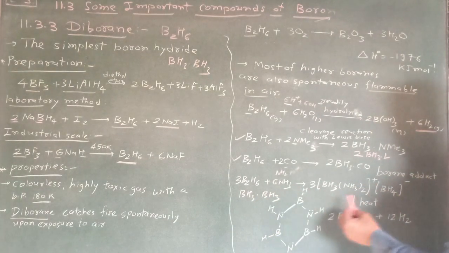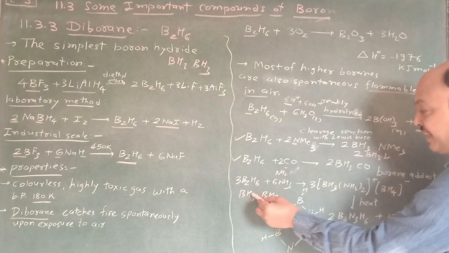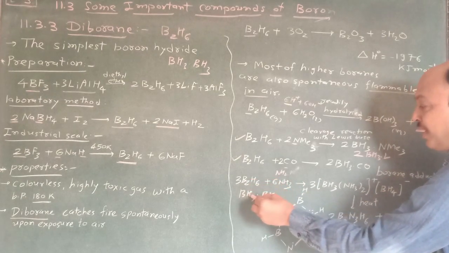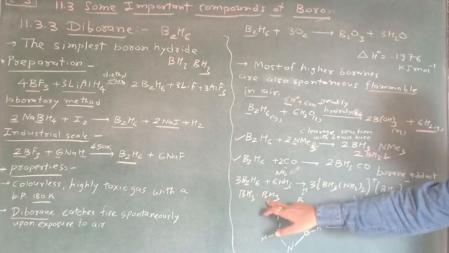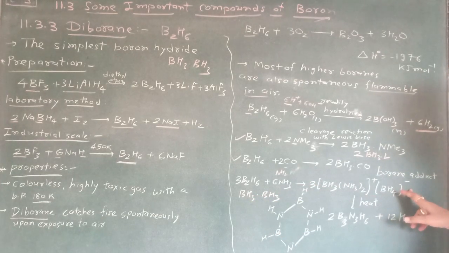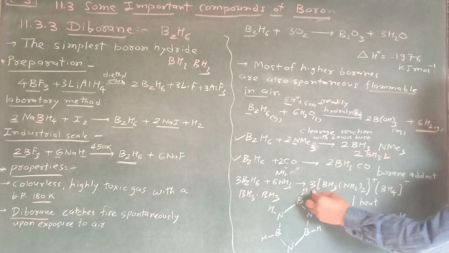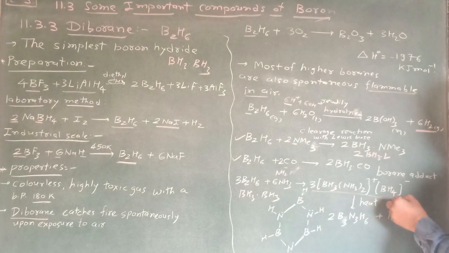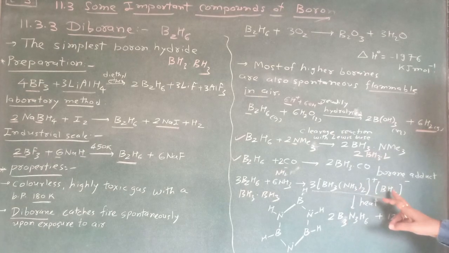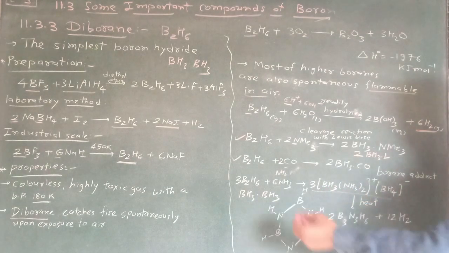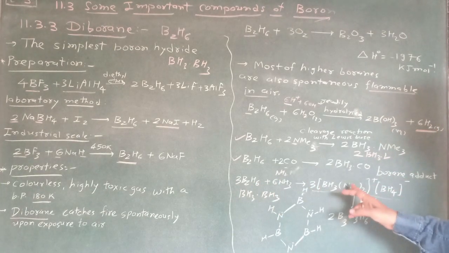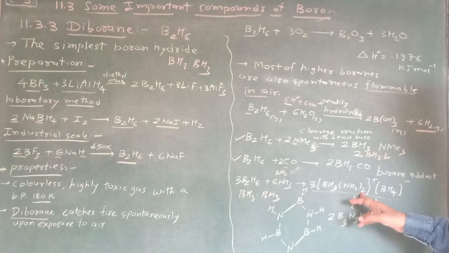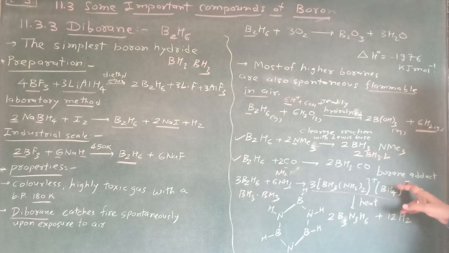And suppose this H plus reacts with H minus from this borohydride, which reacts with ammonia, then boron, sorry, BH3, at that time BH4 minus is obtained. So this is a very important complex compound, a cationic and anionic complex compound having boron. So here B2H6 is there, and due to that NH3 and NH3 are there, that's why (NH3)2. And here BH4 minus.